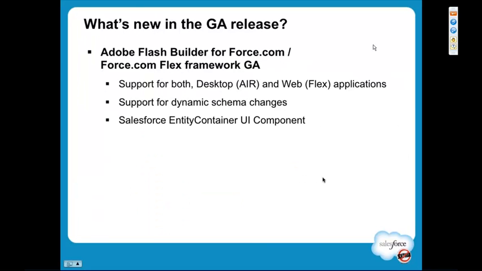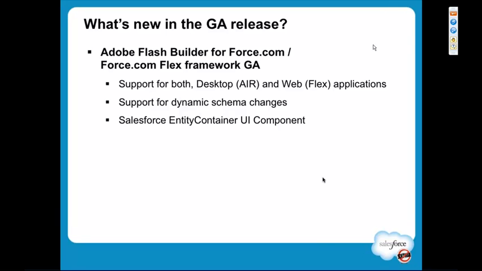Maybe as a quick update, what is new in the GA release from the developer preview release? Three things. First, the developer preview was desktop applications only. Now with the GA release, we let you build both desktop and Flex applications. Another thing is that Salesforce.com is a very dynamic environment.